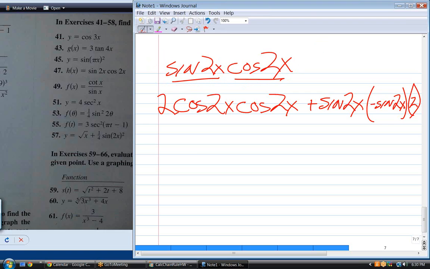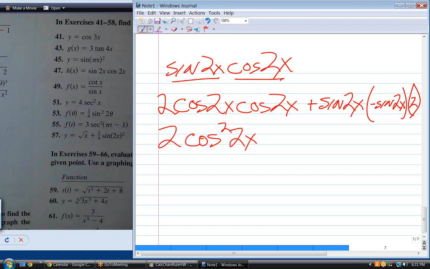So let's condense all of this. Combine all of it. What's cosine of 2x times cosine of 2x? Cosine 2x squared. Cosine squared of 2x.